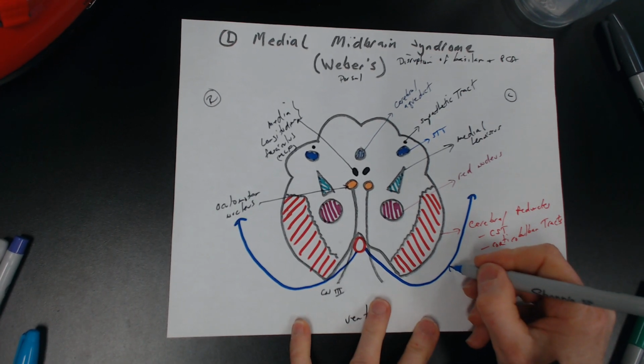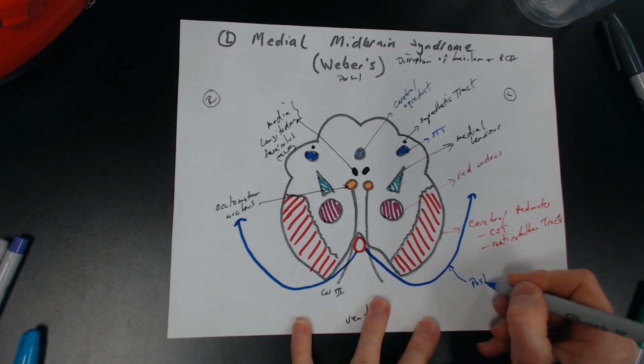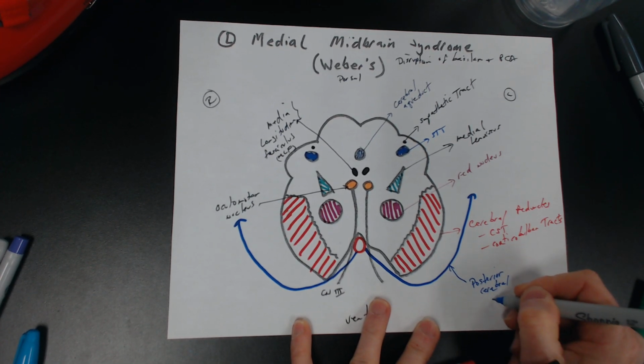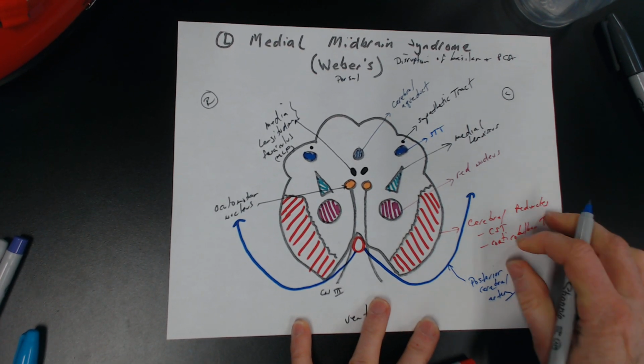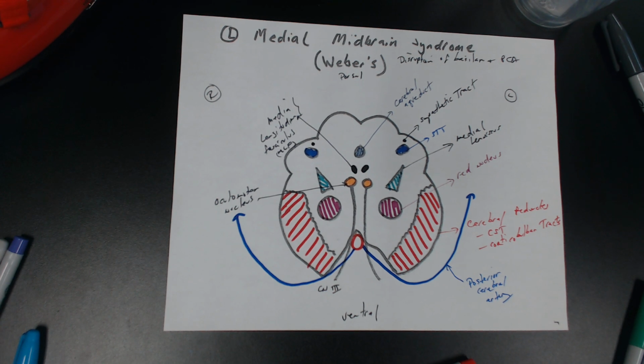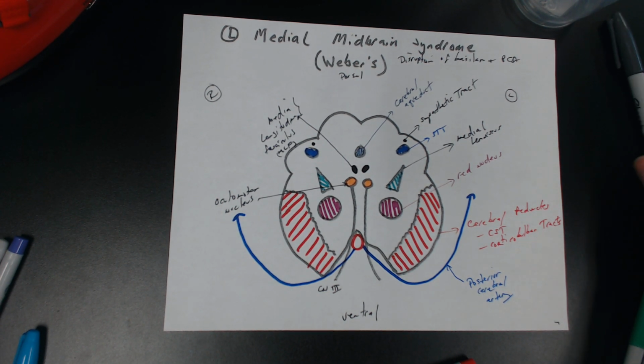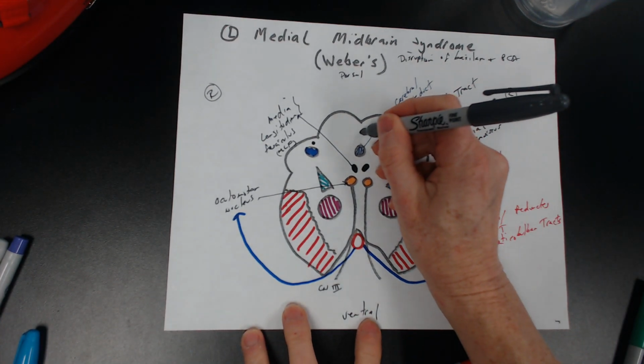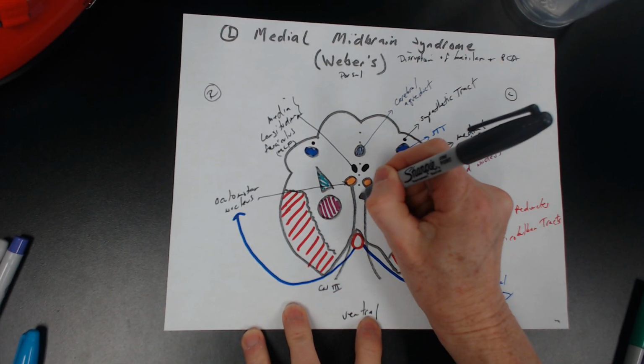And here's your posterior artery. Since it's medial, we just have to look at medial structures that are going to be affected. Okay, this is my midline.